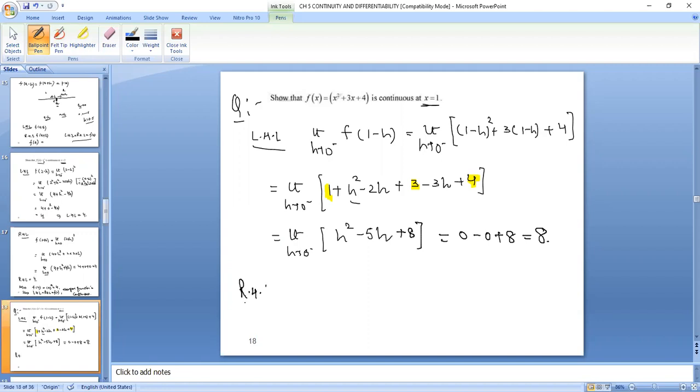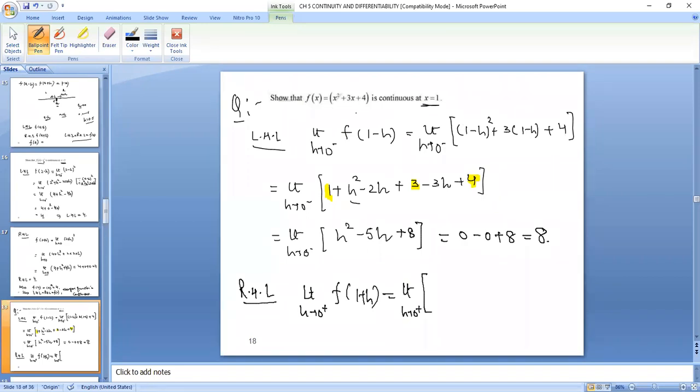Then we will be finding the right hand limit. Right hand limit is limit h tending to 0 positive f of 1 plus h, which is equal to limit h tending to 0 positive.